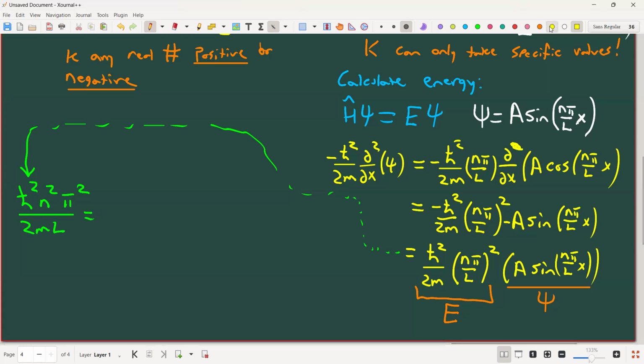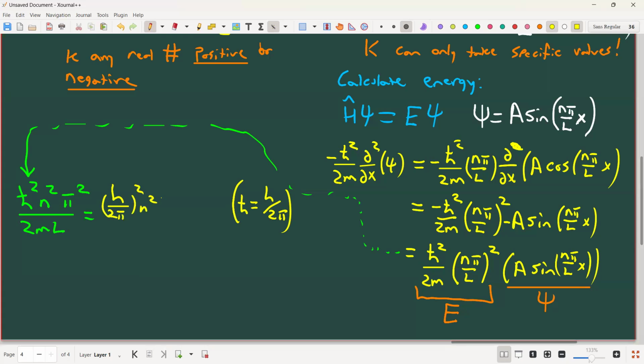Remember, let's use our definition that h bar is h over 2 pi. So we can get rid of this pi squared. So this is h over 2 pi, squared, n squared pi squared over 2mL squared.